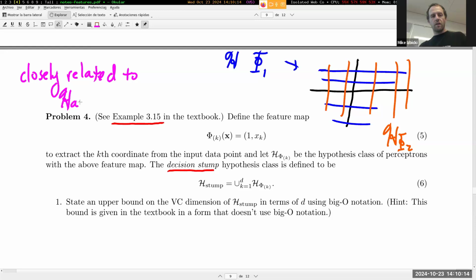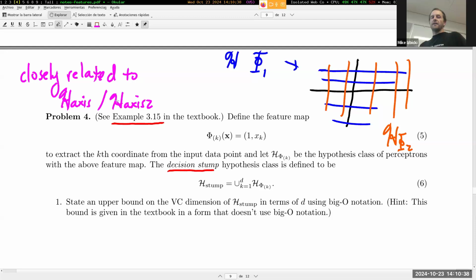The right way to think about h-axis and h-axis 2 is that they are the finite counterparts of this decision stump hypothesis class, and the decision stump is an infinite generalization of h-axis and h-axis 2.